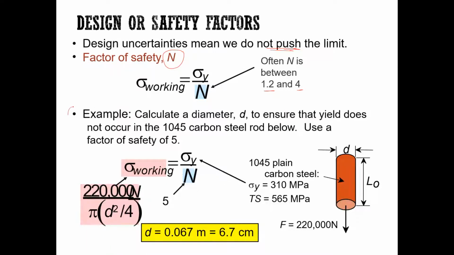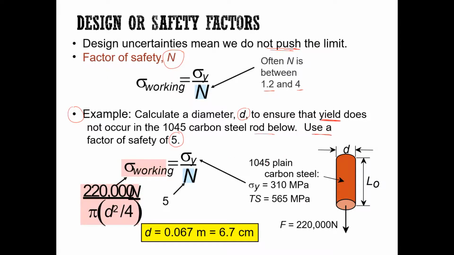For example, let us look at an example. Calculate a diameter D. We want to design, for example, a wire or a cable, to ensure that yielding does not occur in the 1045 carbon steel rod below. Use a safety factor of 5. What does it mean?